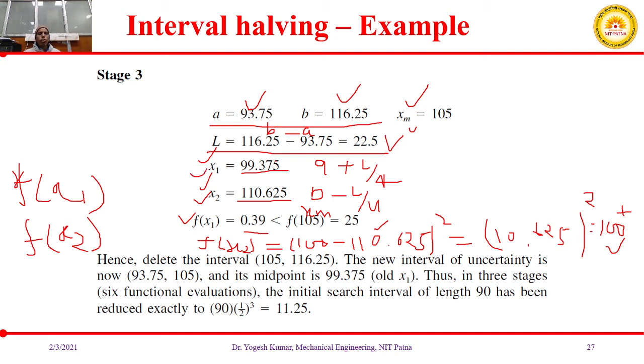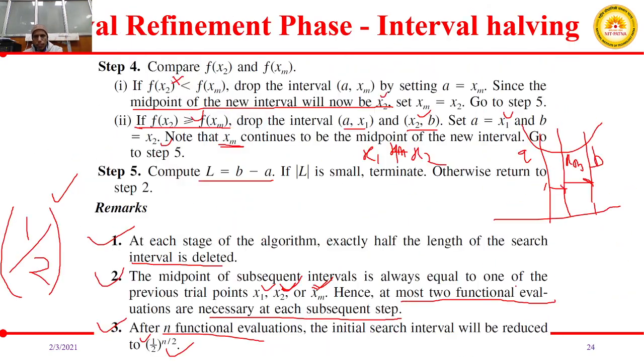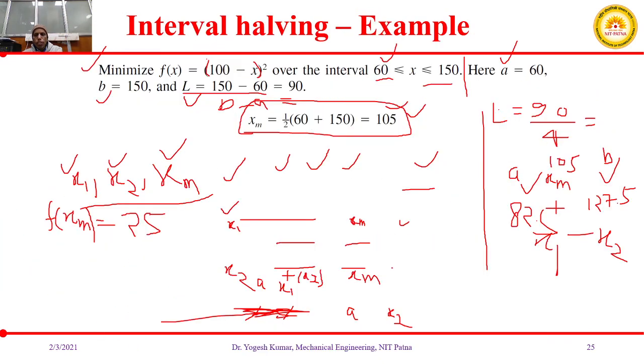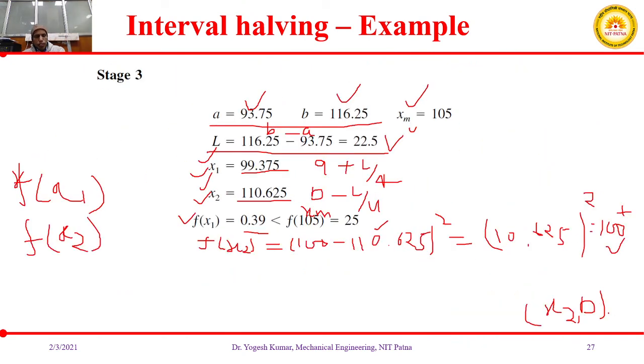The region corresponding to the x1 side has to be selected, and the region which is xmb needs to be eliminated. It is not xm.